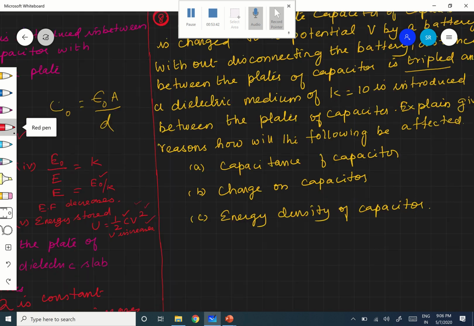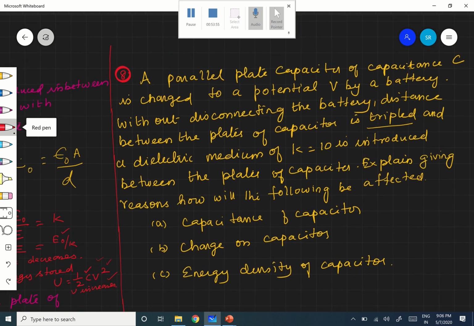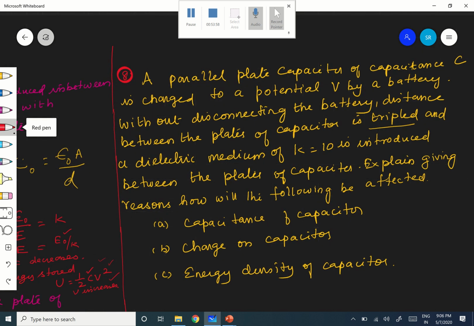See what the problem is. Very, very simple. What is given? A parallel plate capacitor of capacitance C is charged to a potential V by a battery. Without disconnecting the battery, the distance between the plates of the capacitor is tripled, and then a dielectric medium of K equal to 10 is introduced between the plates of the capacitor.